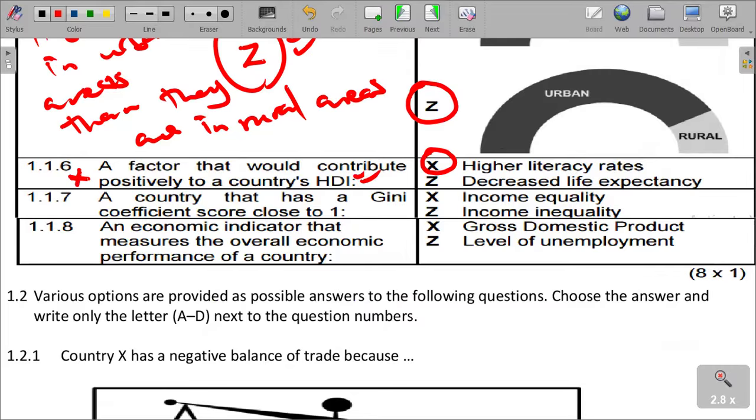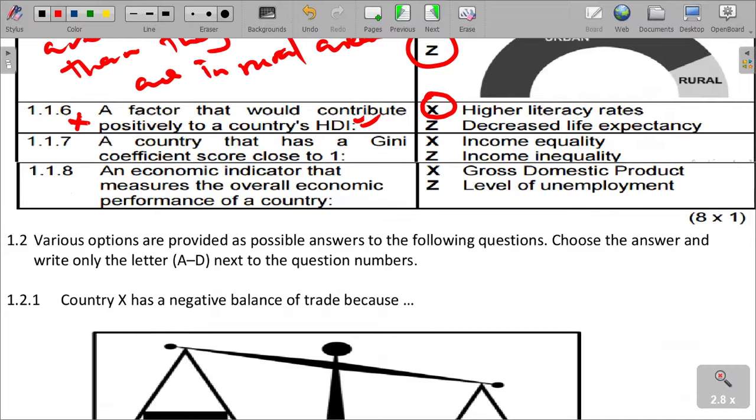And then, a country that has a Gini coefficient score close to 1, this also has been explained in terms of economic indicators. A country that has a Gini coefficient score close to 1 can be marked as what?